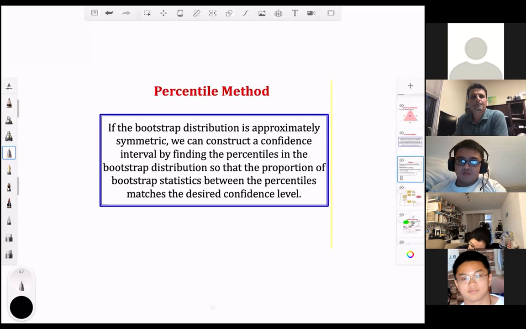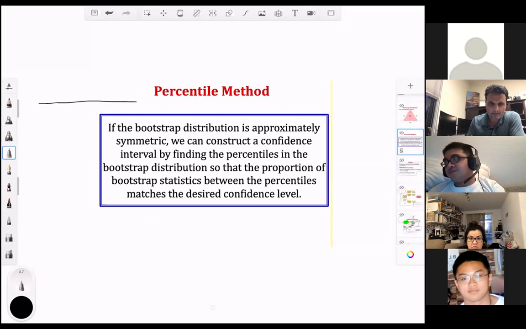Percentile method. If the Bootstrap distribution is approximately symmetric, so we are talking about when we apply a statistic to a sample, we will get some shape like this. This will be symmetric.